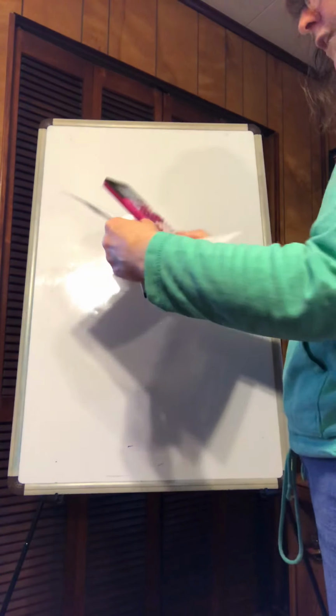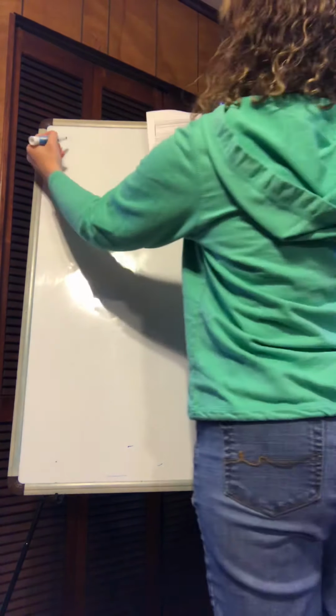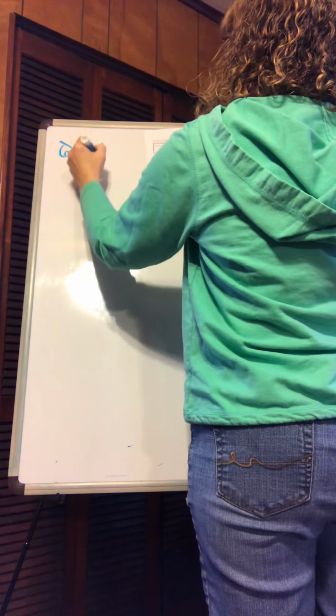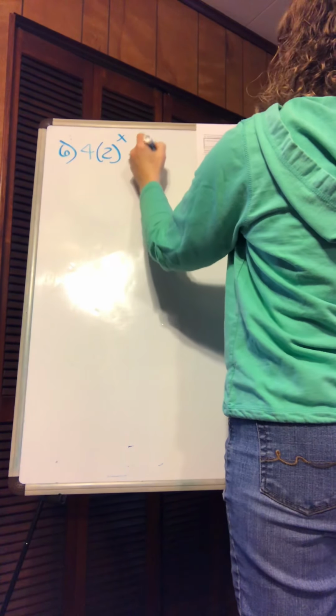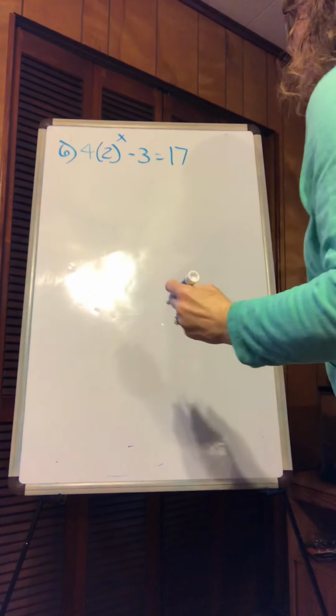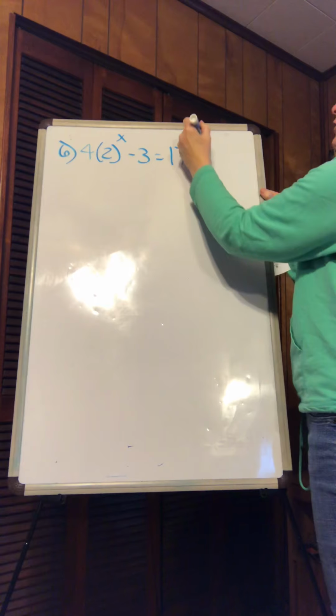All right, so now we're on exercise 6, and we're back to problems that look just like lesson 4. 4 times 2 to the x minus 3 is equal to 17. Now, remember, just like in class, I would always tell you, PEMDAS in reverse.